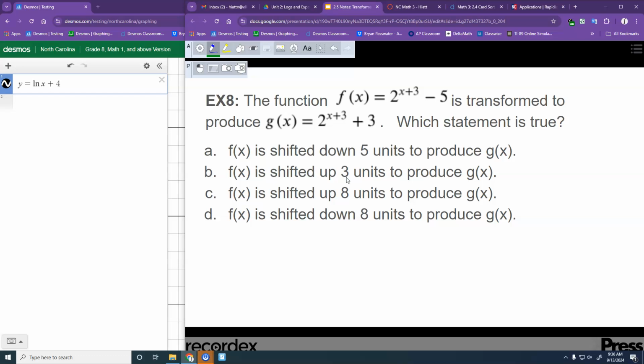I want y'all to try this one on your own. Try it right now. Everybody, type it into Desmos. See what happens. See if you guys can get it.